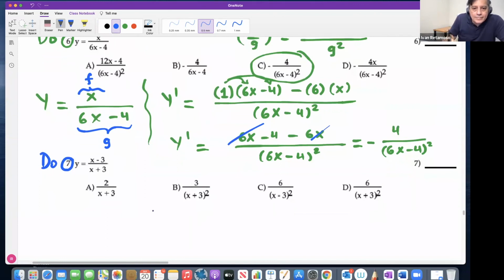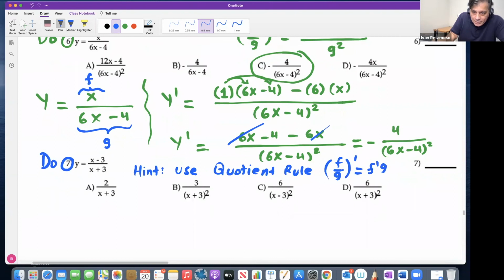Hint again, use the quotient rule. And what is the quotient rule? It is this: f over g prime is equal to f prime g minus g prime f over g squared.